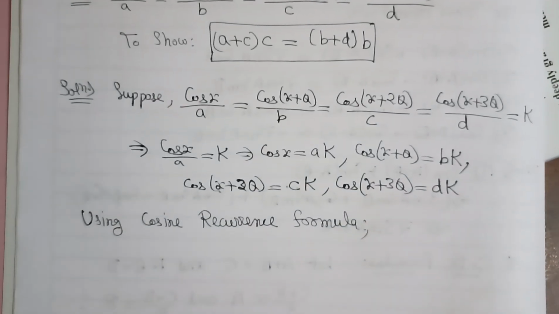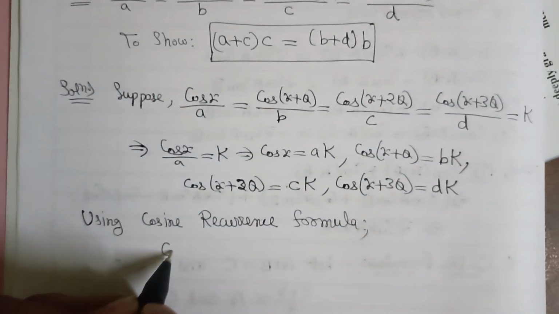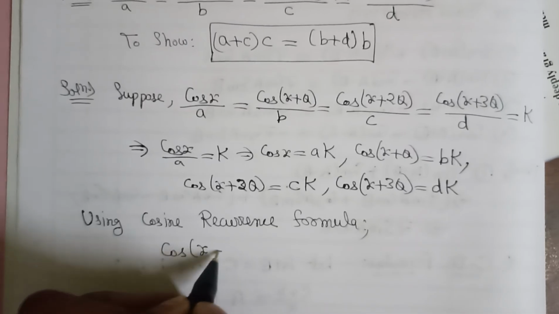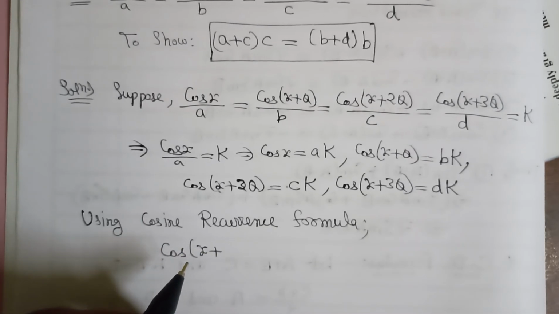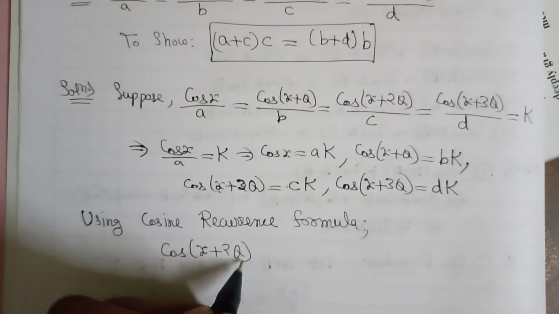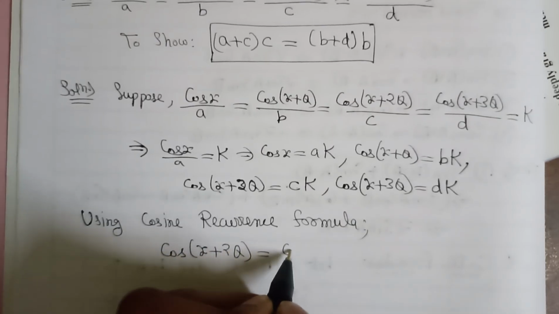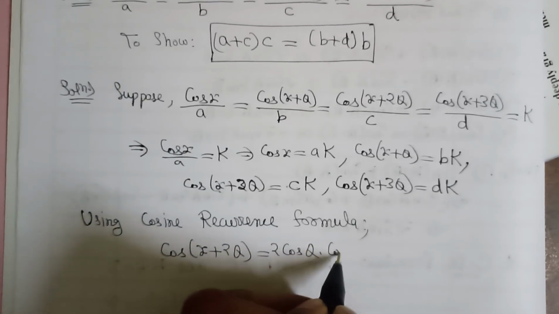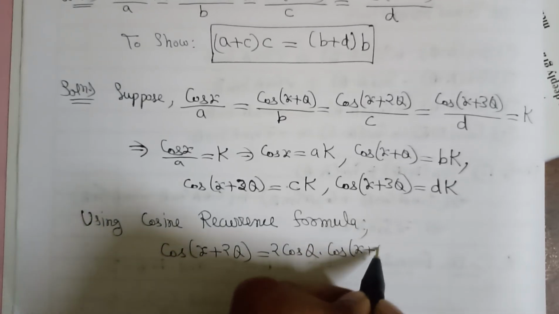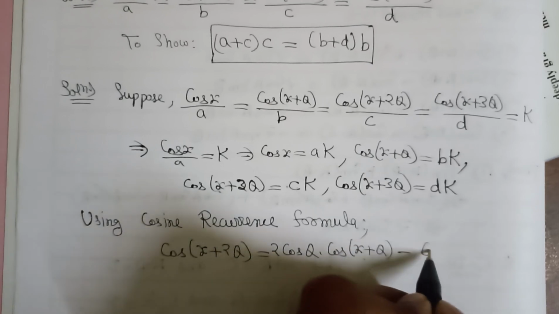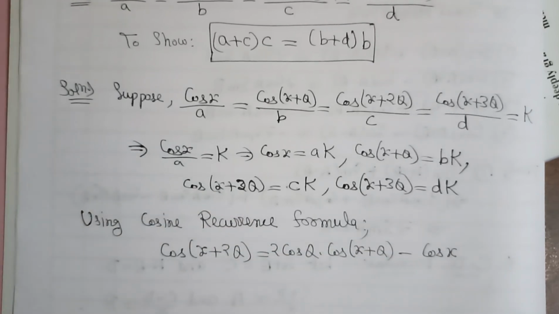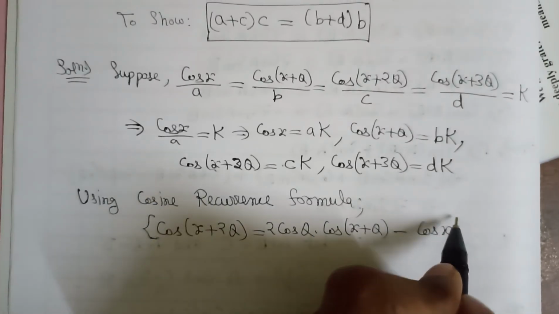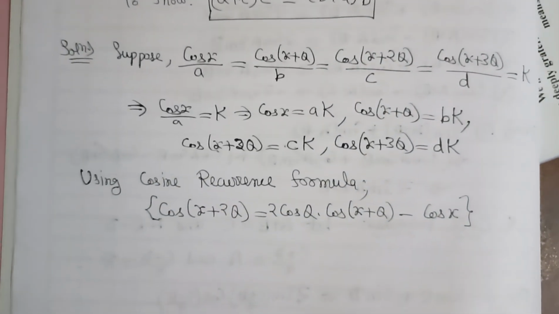This formula says that cos (x plus 2 theta) is actually equal to 2 times of cos theta into cos (x plus theta) minus cos x. Okay, this is a standard recurrence formula.